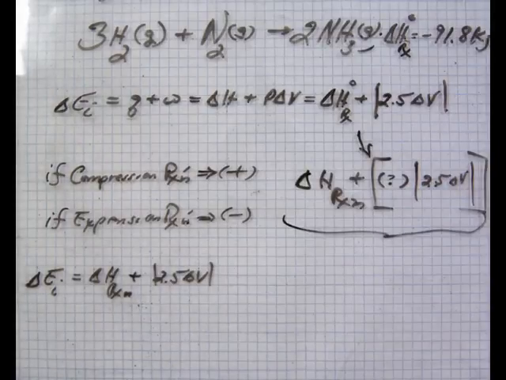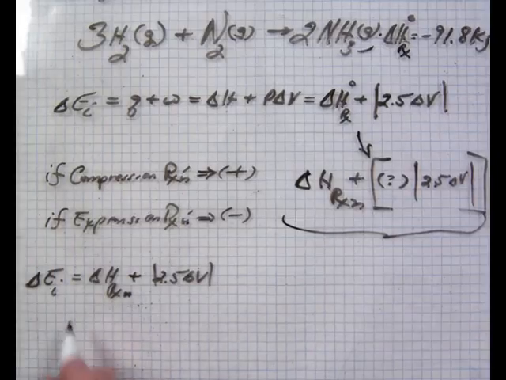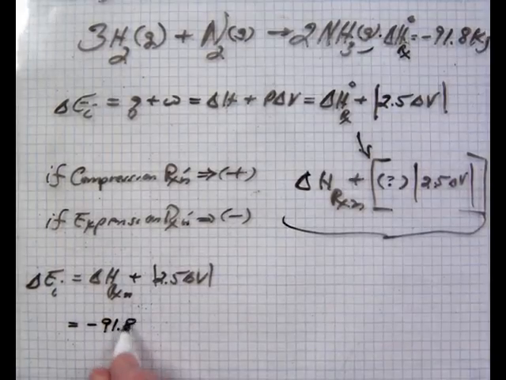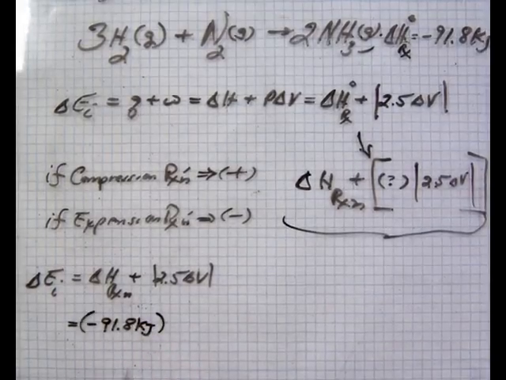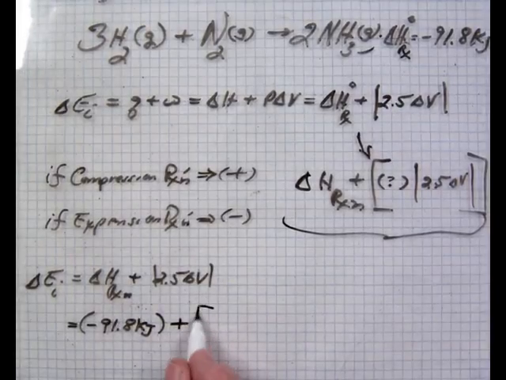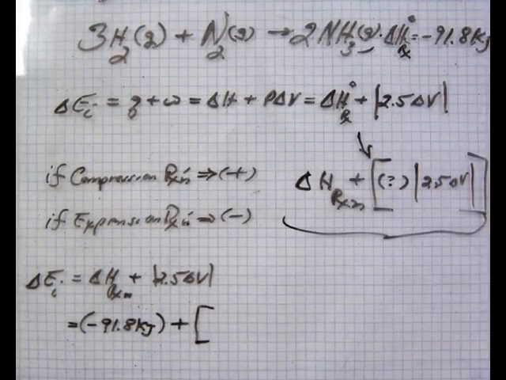You do the heat of reaction. When you're through with that, then you go to work, and then you put them together. So the heat of reaction is minus 91.8 kilojoules. Finish. Plus, then I'm going to do my work function.